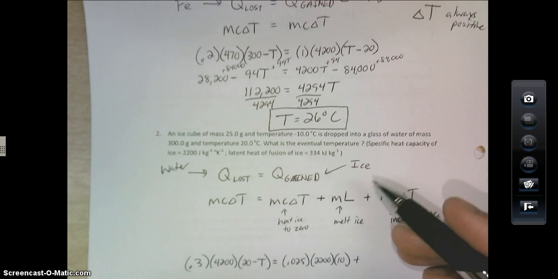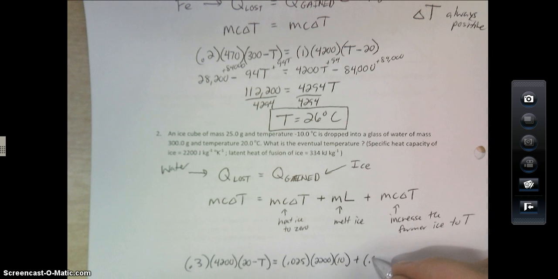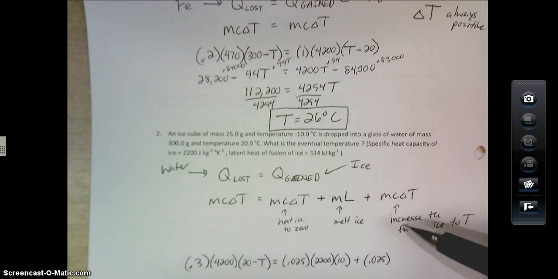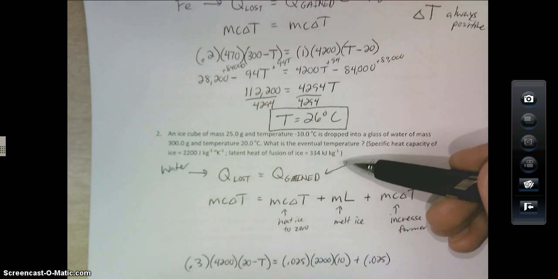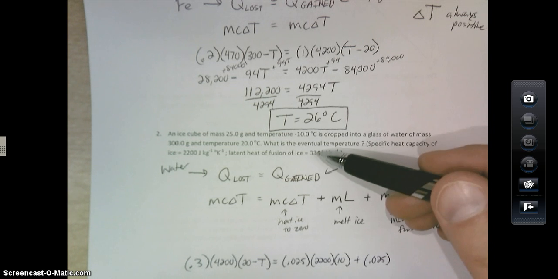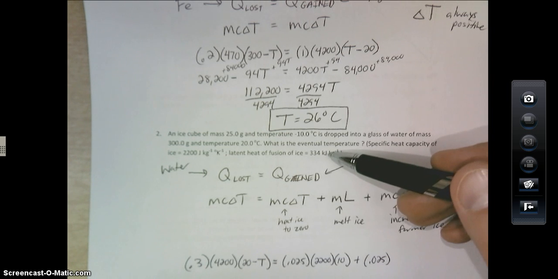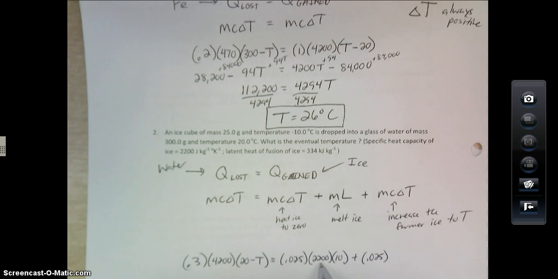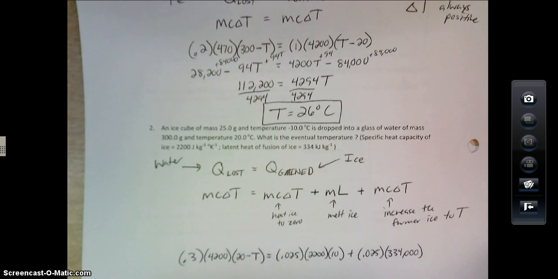And then once we have that ice up to that particular temperature, we're going to have to melt it. So the latent heat is 334 kilojoules. This one's in joules and that one's in kilojoules, so we've got to put this one in joules as well. That'd be 334,000 joules per kilogram.